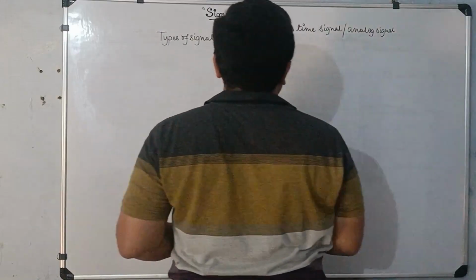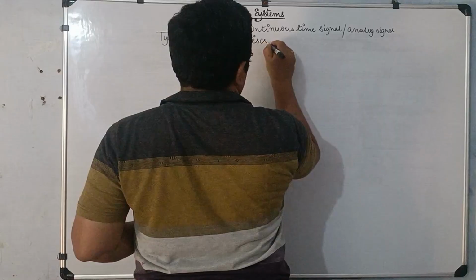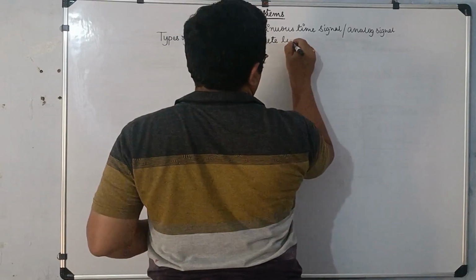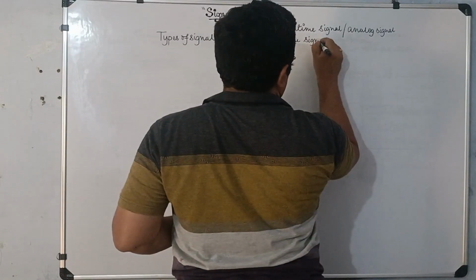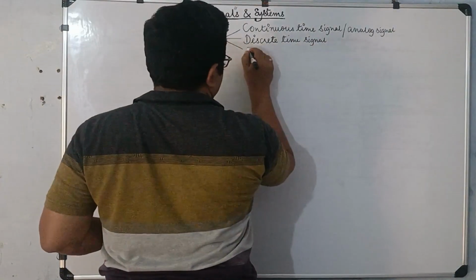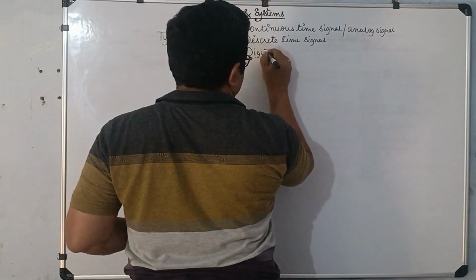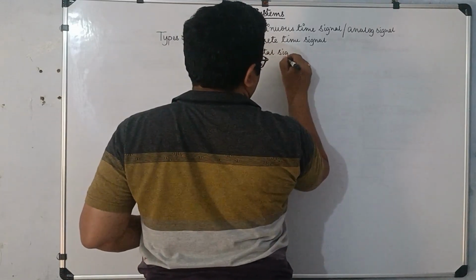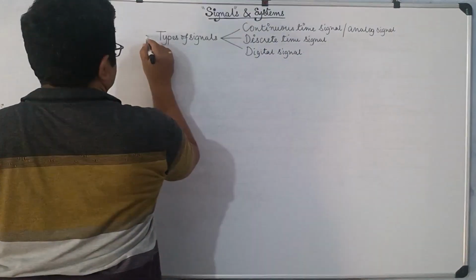We also call it an analog signal. The second type is discrete time signal, and the third type is digital signal.